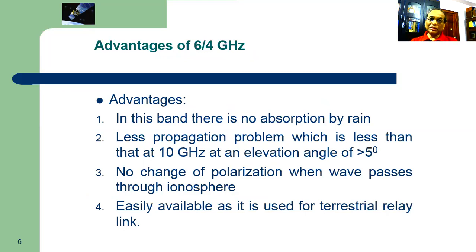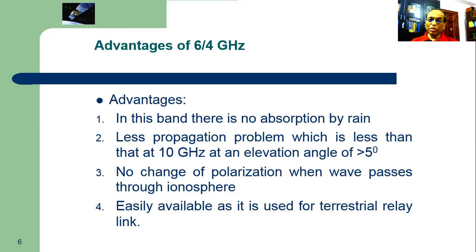Advantages of C band, 6/4 gigahertz. 6 gigahertz is the uplink frequency and 4 gigahertz is the downlink frequency. What are the advantages? In this band, there is no absorption by rain. That is the very basic advantage.